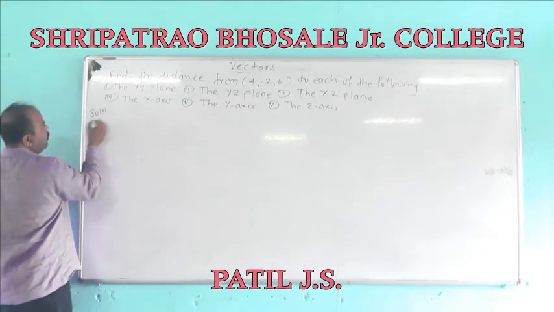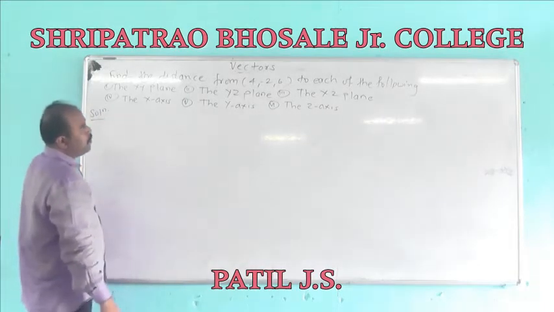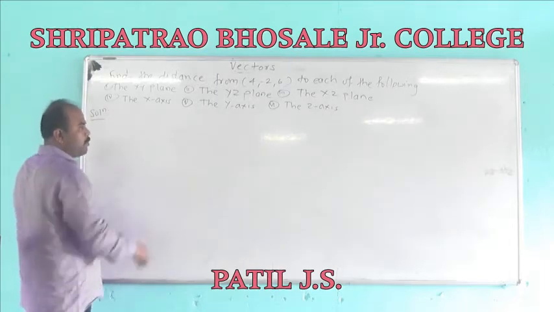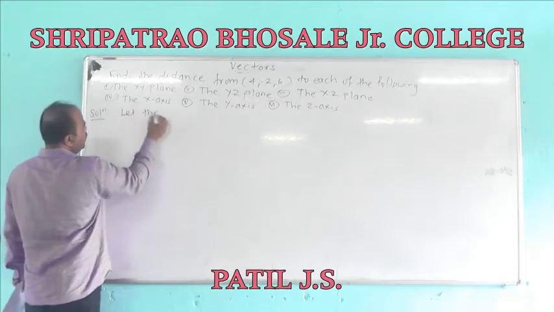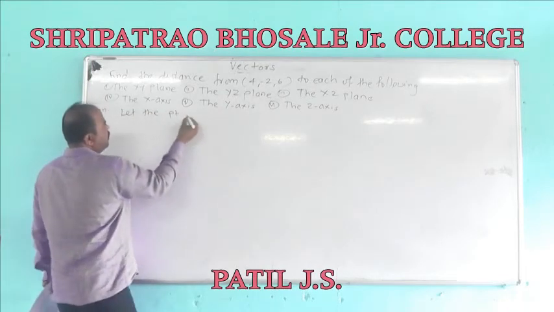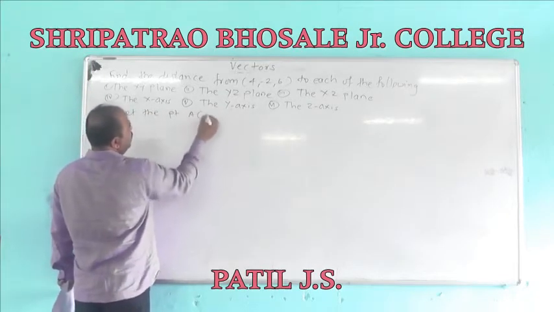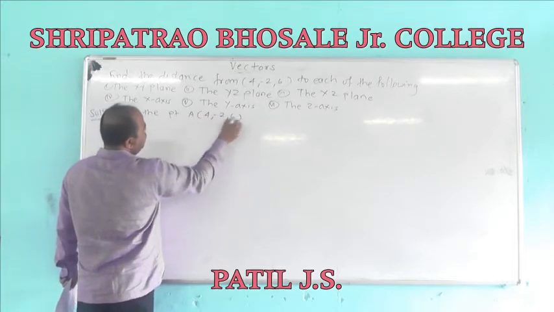So we have to find the distance from the point 4, -2, 6. First, get the point A, 4, -2, 6.